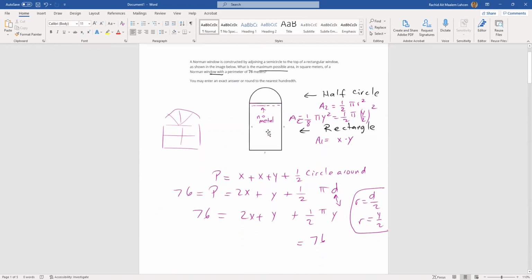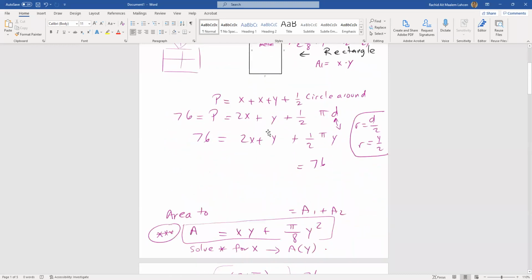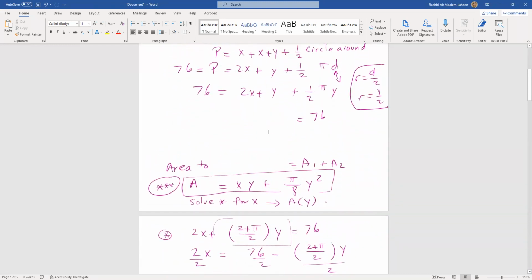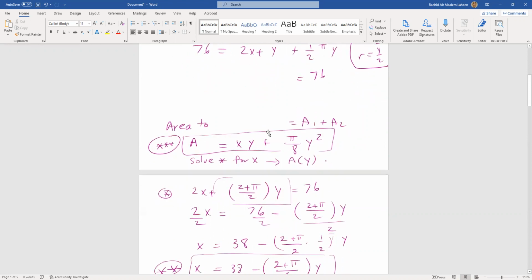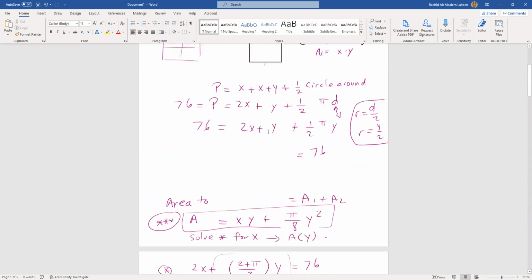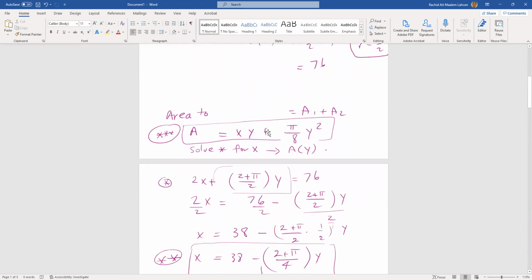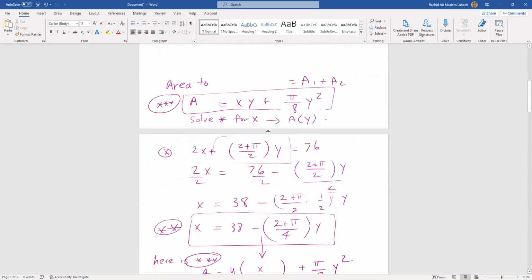So the perimeter is 76 using half of the circumference, 2x and pi. Then I looked at the area, which is the rectangle xy and half of a circle, which is half of pi r squared. Then it looks like x and y, of course, are in the area.